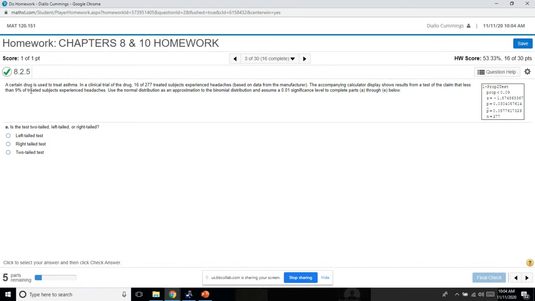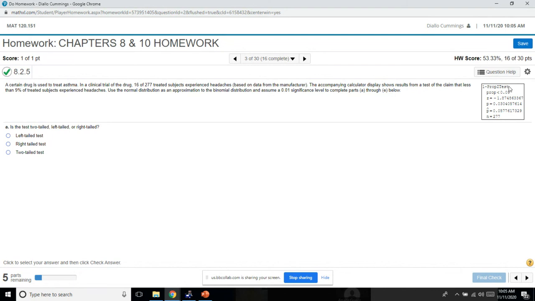It says that a certain drug is used to treat asthma. In a clinical trial of the drug, 16 of 277 treated subjects experienced headaches. The calculator displays show results from the test of a claim at less than 9%.